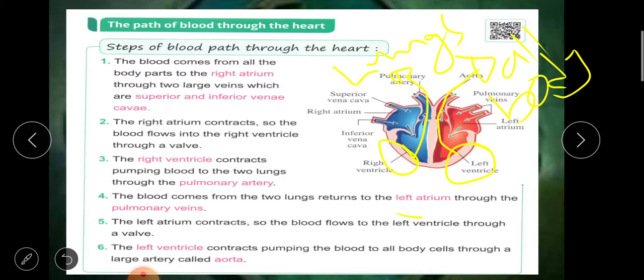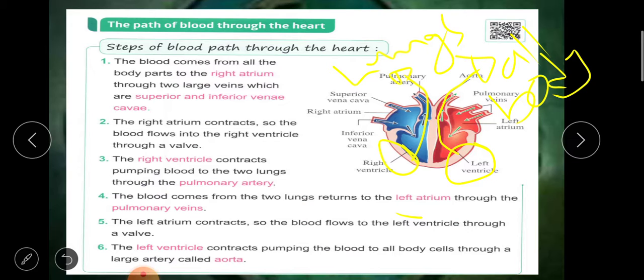So the left ventricle has a thicker wall because when it contracts, it must push the blood to all the body parts. But the right ventricle, the wall is a little thinner than the left one.